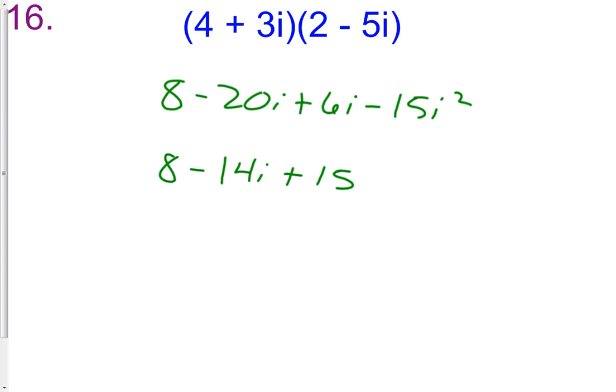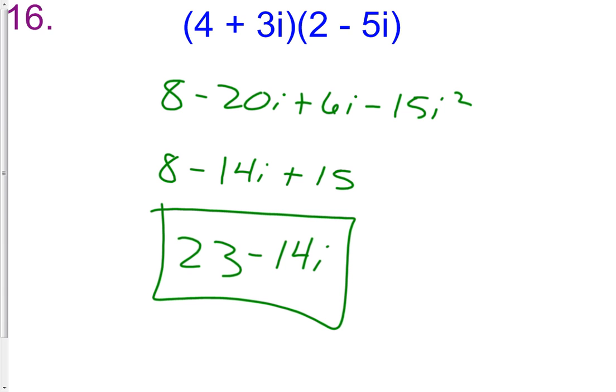So for our final answer, 8 and 15 make 23, so it's 23 minus 14i. Again, class, make sure you do not have a negative 14i plus 23.